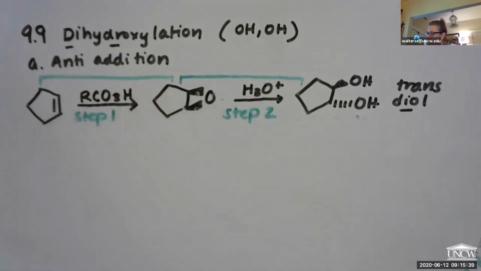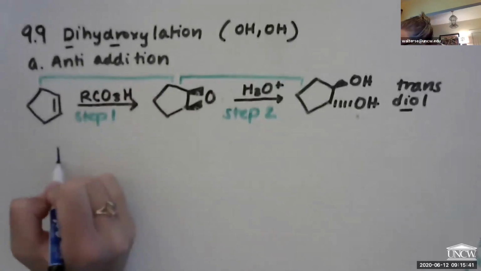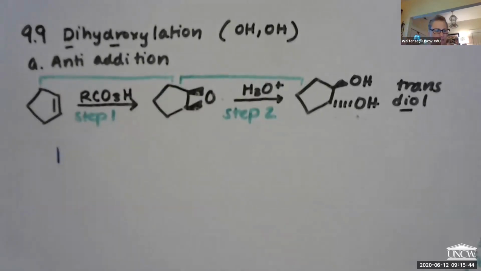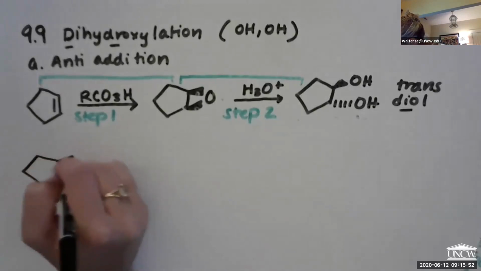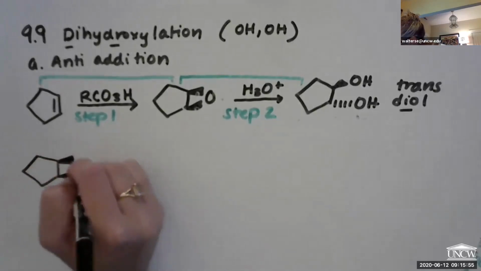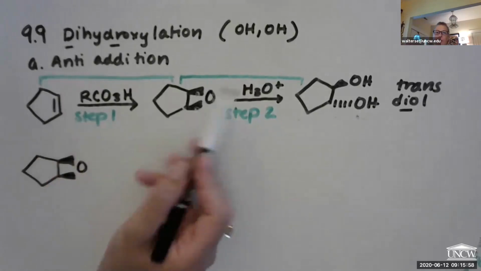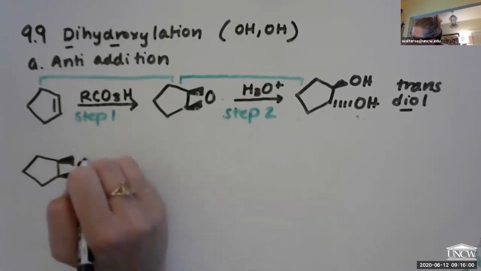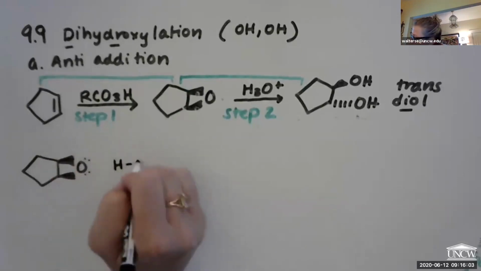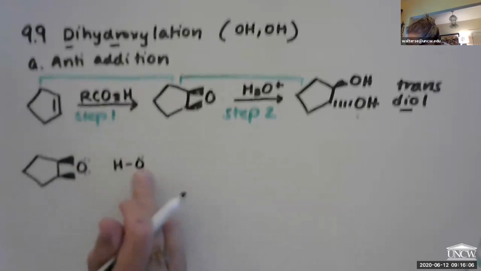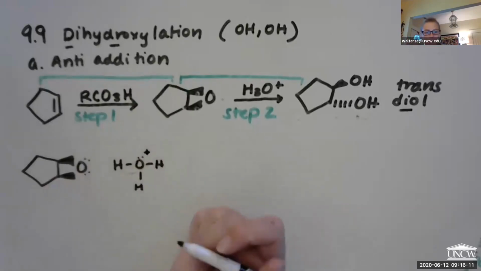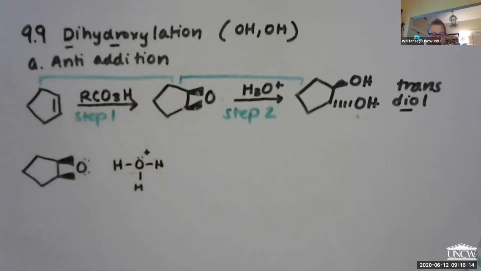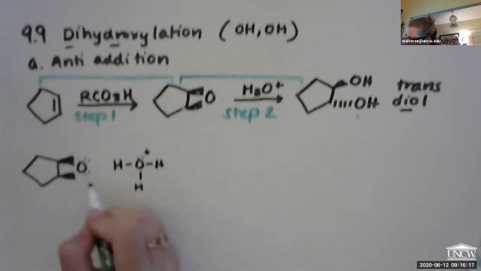So we're going to start with this structure, and we need a hydronium cation. And what we're going to have is a proton transfer.